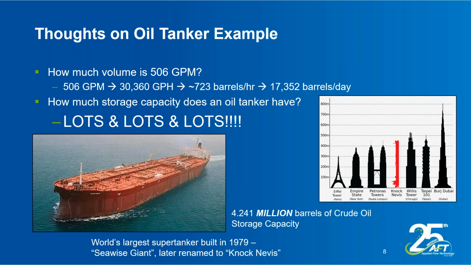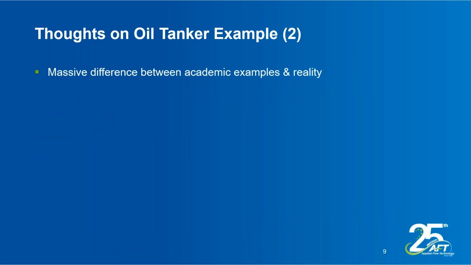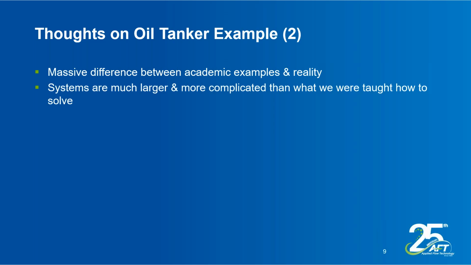So the reason why I thought that this was interesting is because there's a massive difference between academic examples and reality. The example in the textbook just does not show real life at all with the actual magnitudes that we're dealing with in industry. Systems are much larger and a lot more complicated than what we were usually taught how to solve.